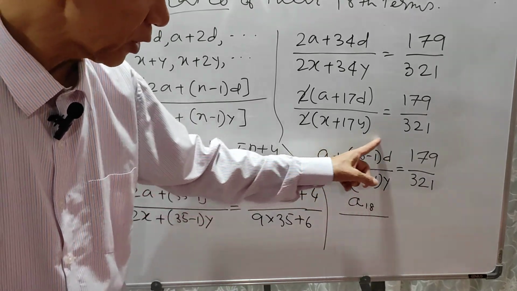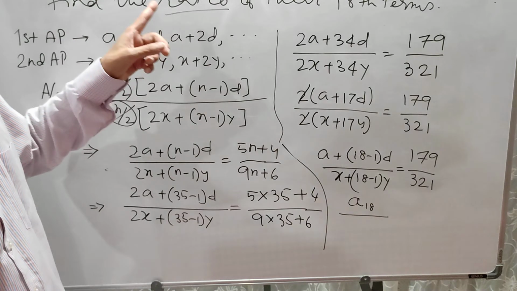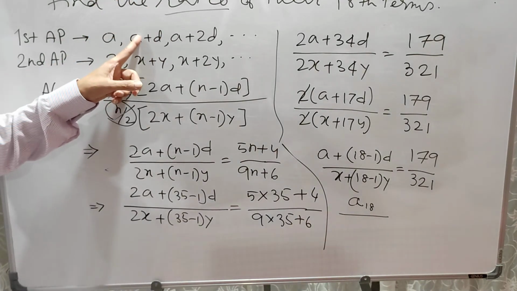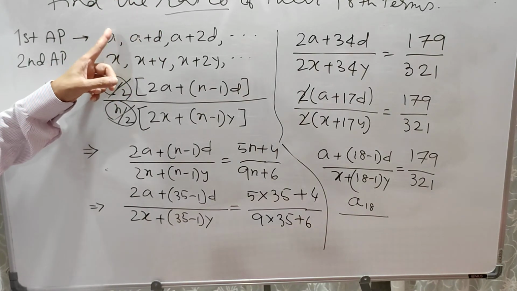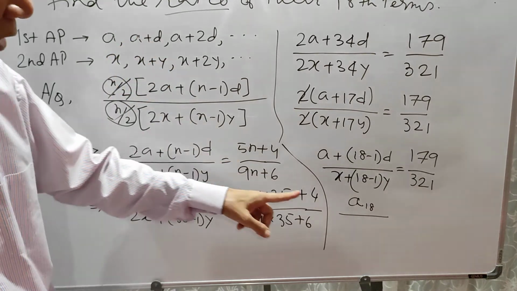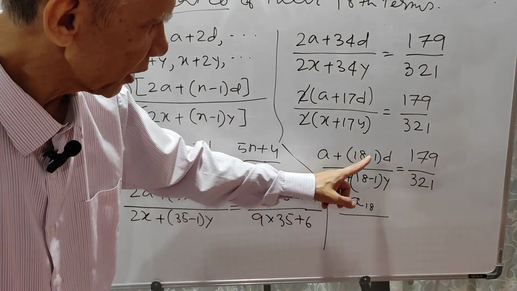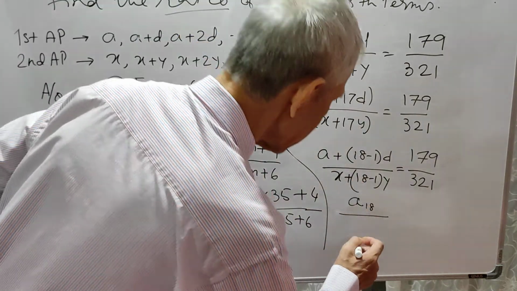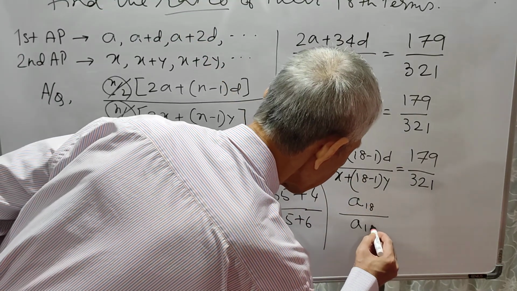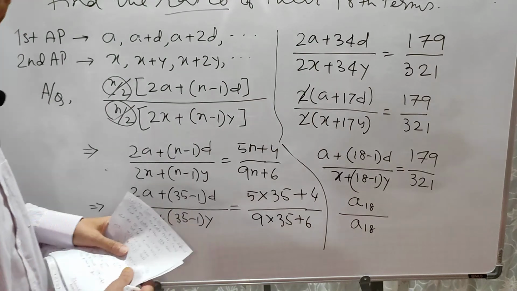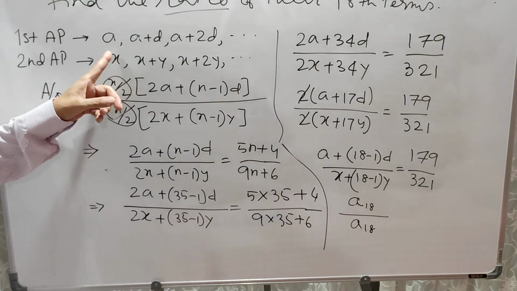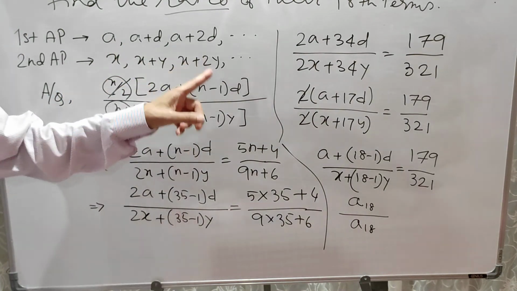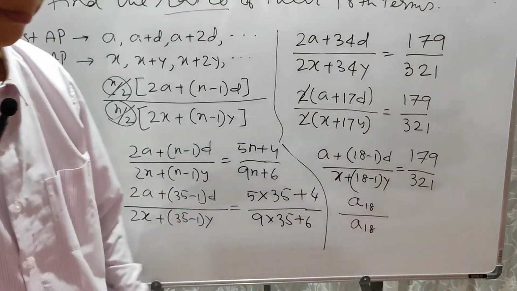So this is actually the 18th term of the first AP. And this is the 18th term of the second AP, the second AP's 18th term: x plus 18 minus 1 y.